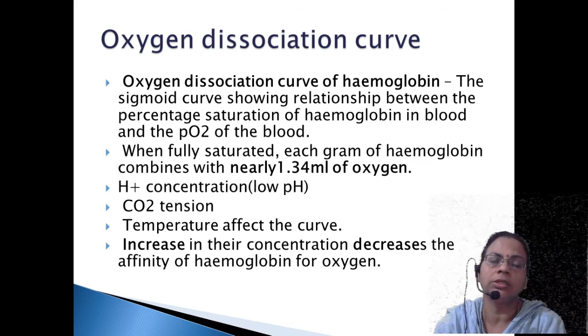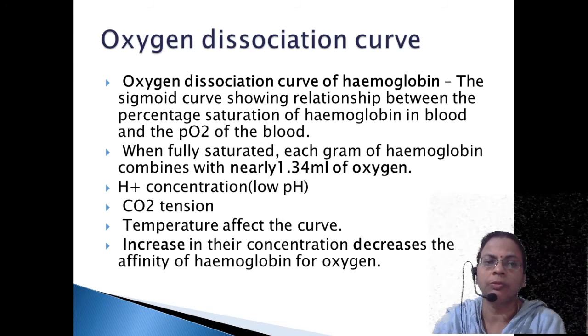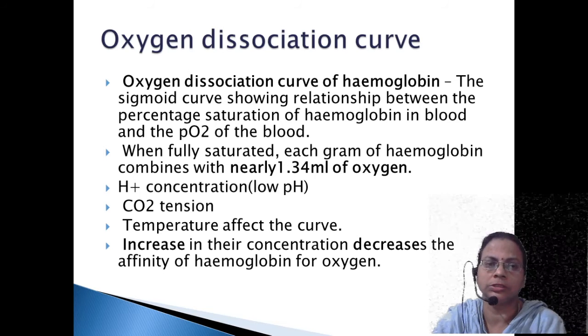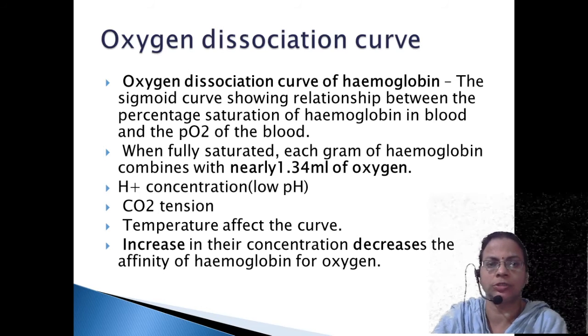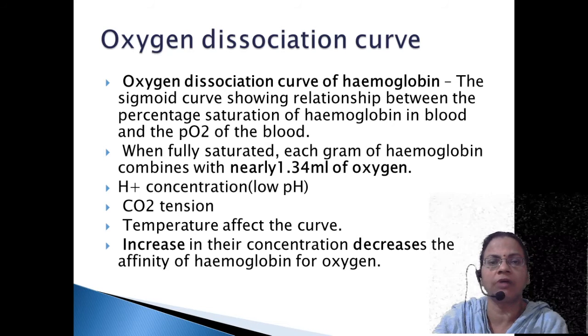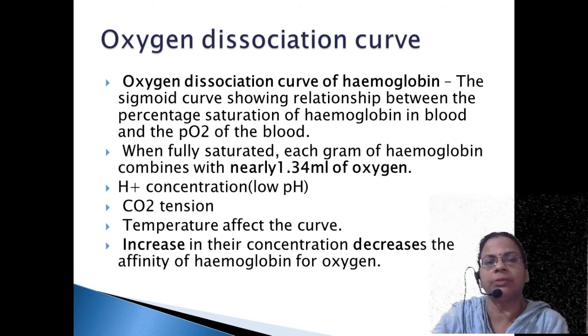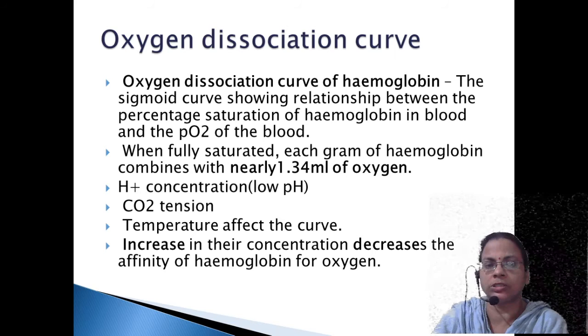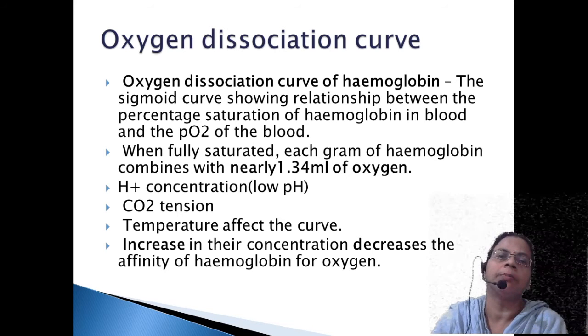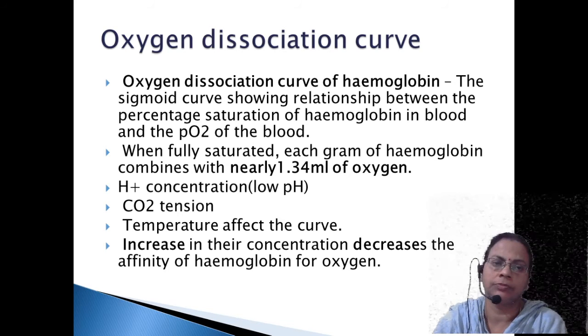So hemoglobin will show affinity to bind with oxygen whenever the percentage or partial pressure of oxygen is very high. Here it's a graphical representation. The oxygen dissociation curve is a graphical representation which depicts the saturation of hemoglobin with oxygen against the partial pressure of oxygen.